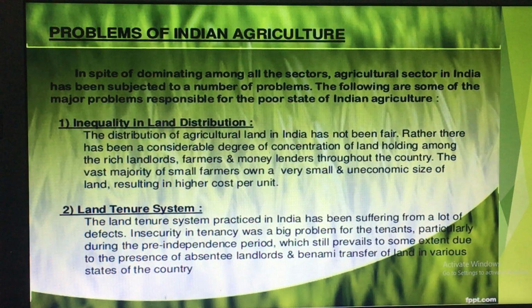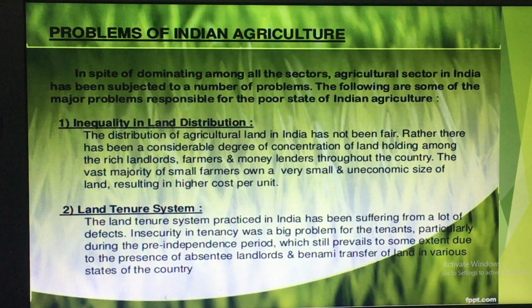The average size of agricultural holdings in India is very small and uneconomic, even less than 2 hectares or 5 acres. With such uneconomic and fragmented holdings, no scientific cultivation with improved implements, seeds, etc., is even possible. This has resulted in low yield in Indian agriculture.